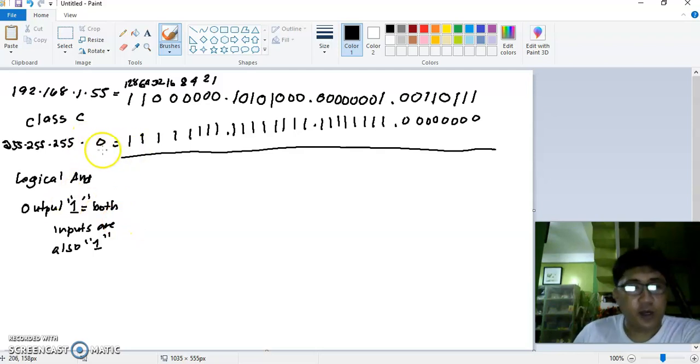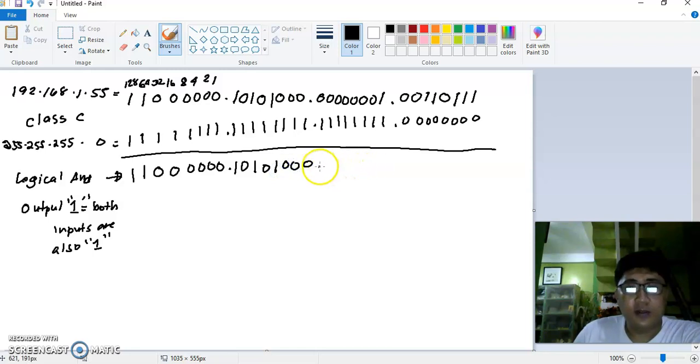So if you use logical AND here, 1 and 1 is 1, 0 and 1 is obviously 0 because both inputs should be 1. So this becomes 0, 0, 0, 0, 0.